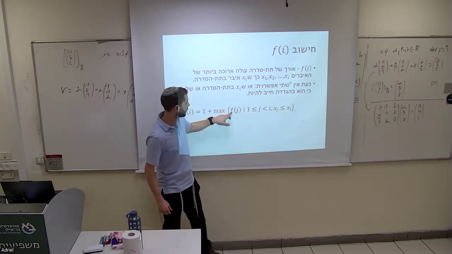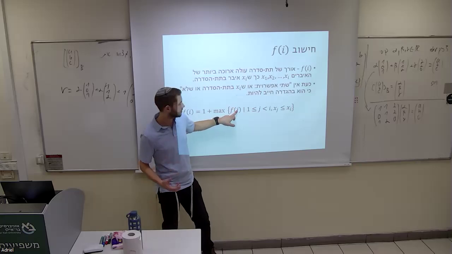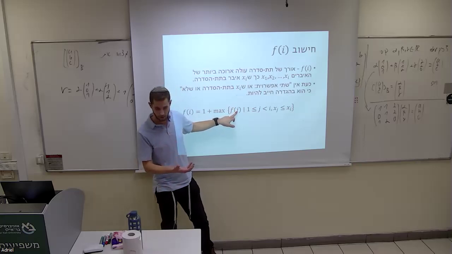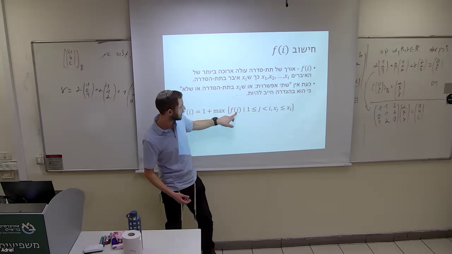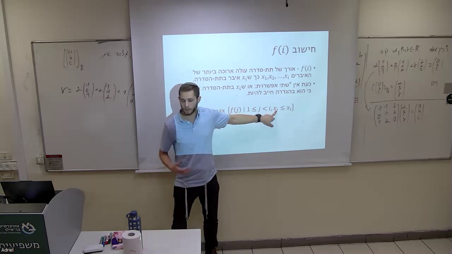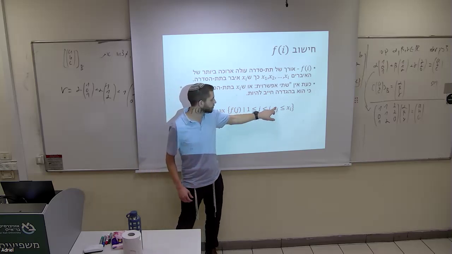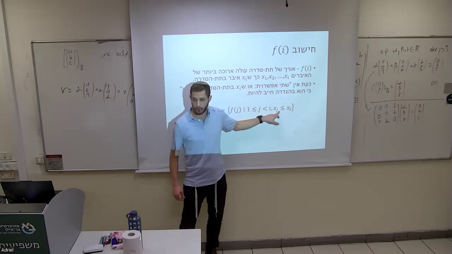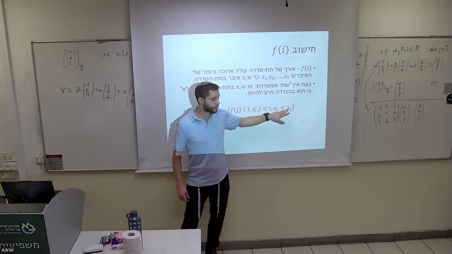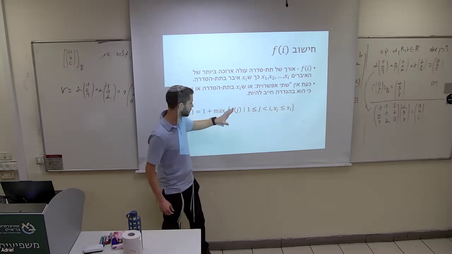Because I know that f of j represents the length of the longest subsequence, such that x of j is the last element in it. So all I have to do is compare the last element, which I know is xj, to xi. And if this is valid, then the whole subsequence is valid.